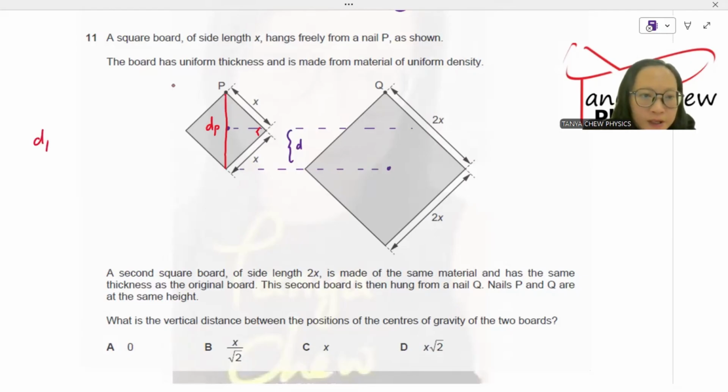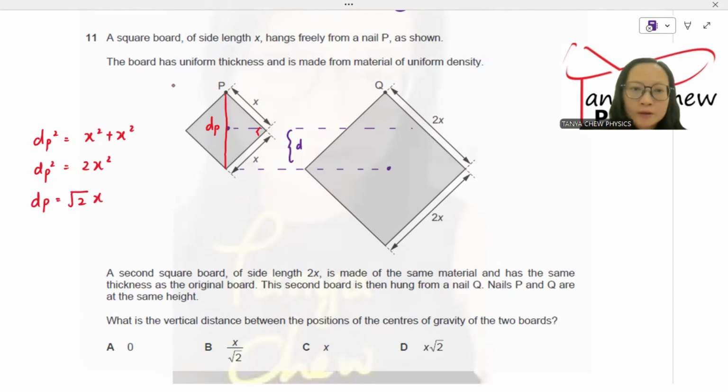So dp square is equal to x square plus x square. So dp square is equal to 2x square. That is why dp is equal to square root of 2 times x. But I want from the middle, I want dp over 2. So dp over 2 is equal to square root of 2 divided by 2, times x.